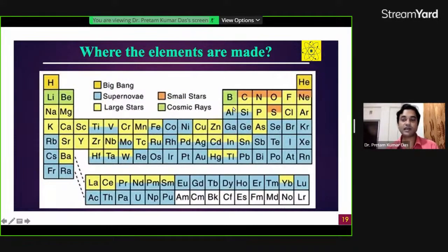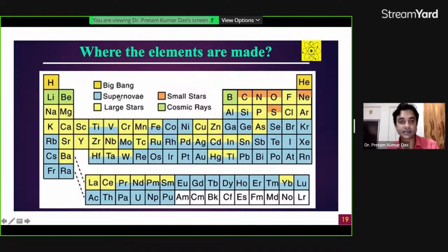And as we know the periodic table and where the elements are made, we see these two elements are from Big Bang, and you can see this is cosmic rays. In primordial nucleosynthesis, we get hydrogen, helium, and lithium. Beryllium, boron and lithium are not made there, but we can get them in cosmic rays.